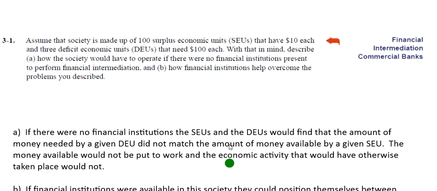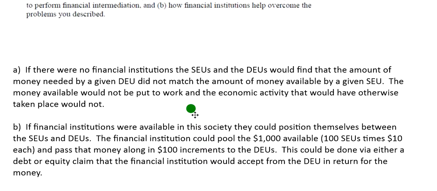Now the second part of this is how financial institutions help overcome the problem, that the amounts of funds needed and the funds available just don't match up. We've already pretty much talked about this.